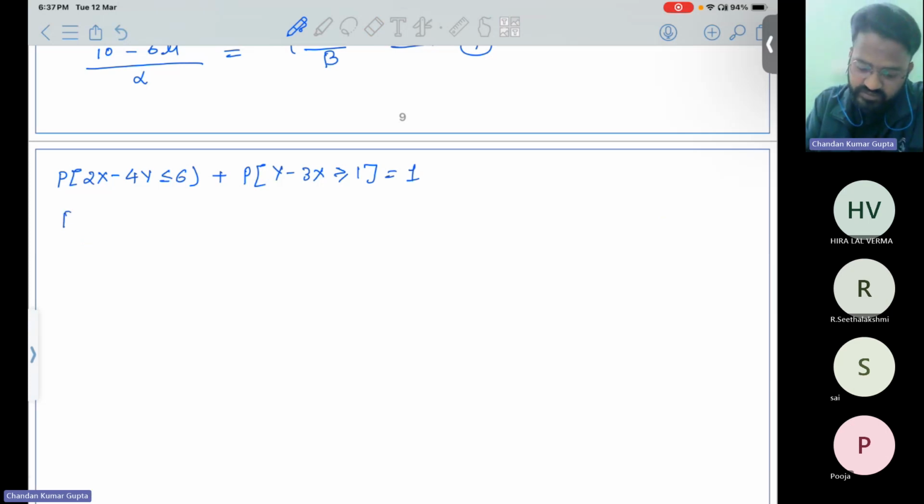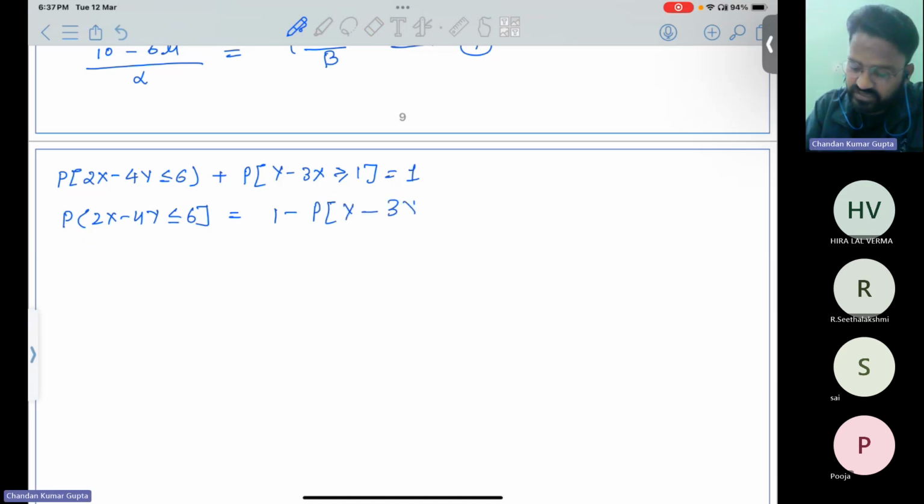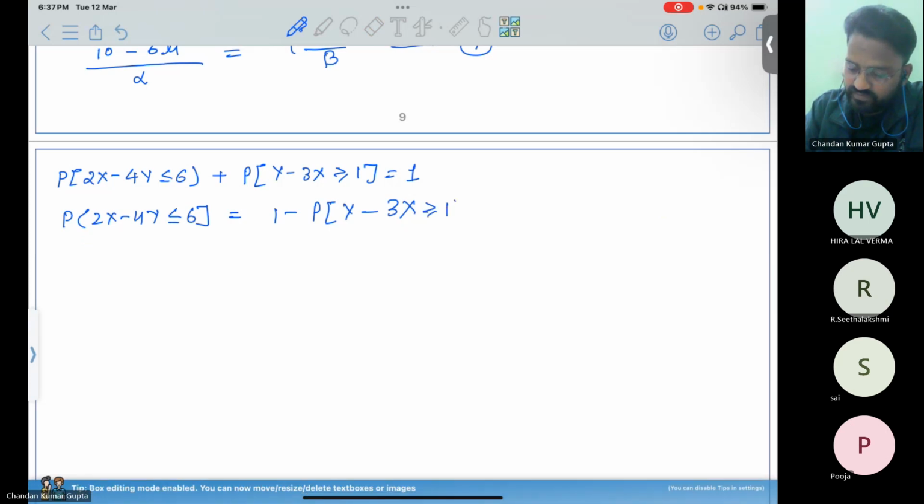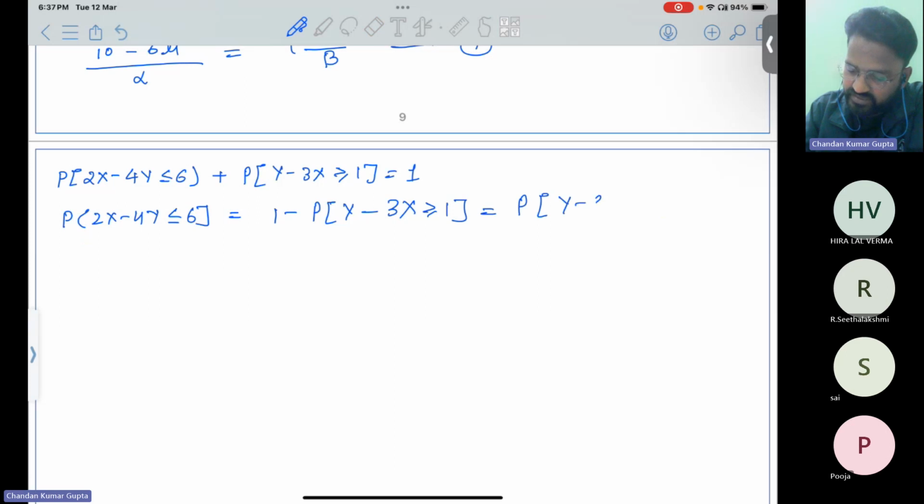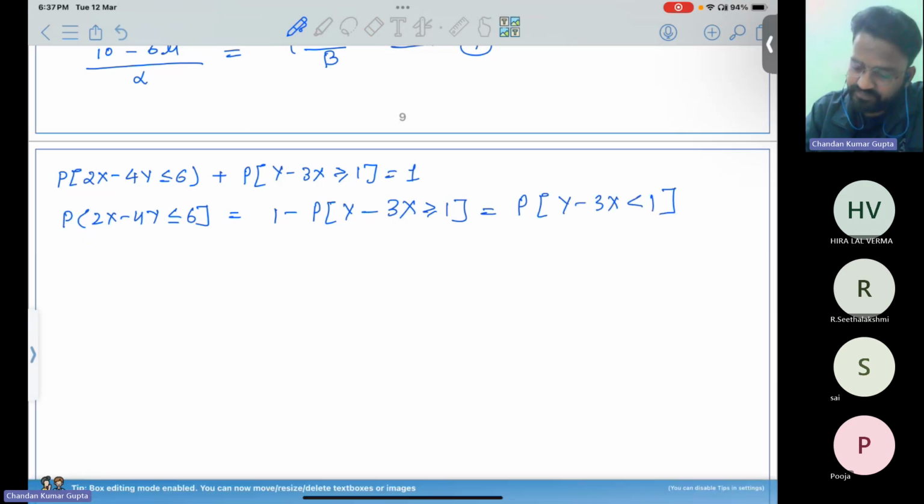First, probability that 2x minus 4y is less than or equal to 6 equals 1 minus probability that y minus 3x, which can be written as probability that y minus 3x is less than 1.